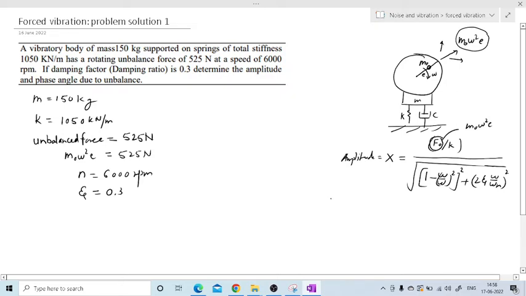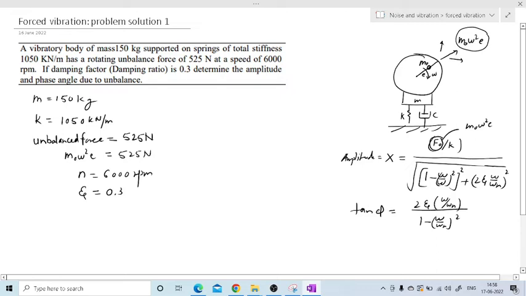Along with the amplitude, they have asked for the phase angle. This phase angle is given by tan phi is equal to 2 zeta omega by omega n divided by 1 minus (omega by omega n) bracket square.